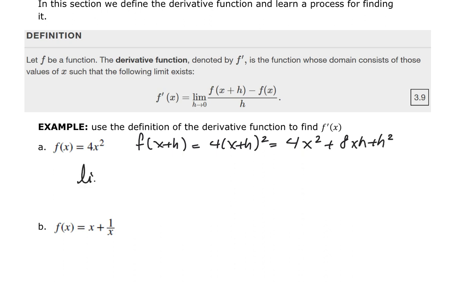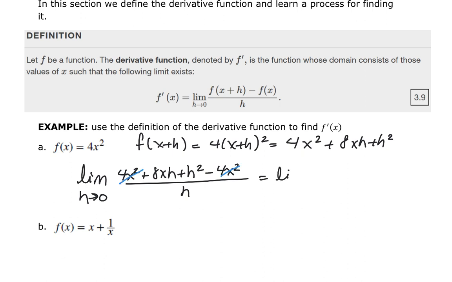Now the limit as h approaches 0 of f of x plus h, which is 4x squared plus 8xh plus h squared, minus f of x, which is 4x squared, all over h. And you can see that the 4x squareds cancel, and we are left with the limit as h approaches 0 of 8xh plus h squared all over h.